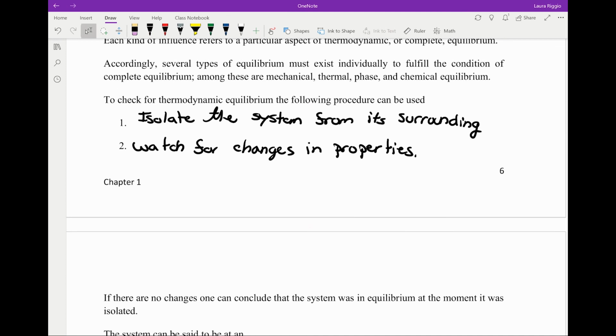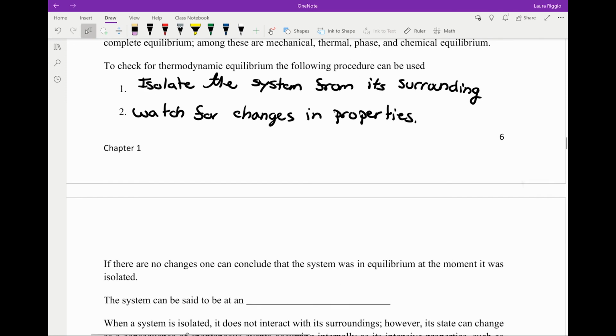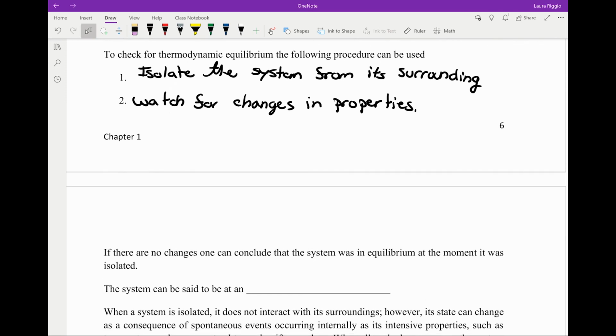If there are no changes, we can conclude that the system was in equilibrium the moment that it was isolated, at which the system is said to be at an equilibrium state.